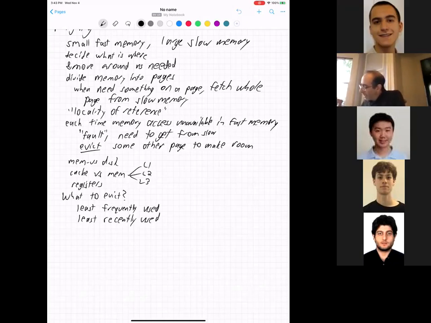Well, some other possibilities, we could do FIFO, right? Like you evict the pages in the order that you got them, right? We could also do LIFO, last in, first out. This would speculate that we got the good stuff early and we want to keep it.